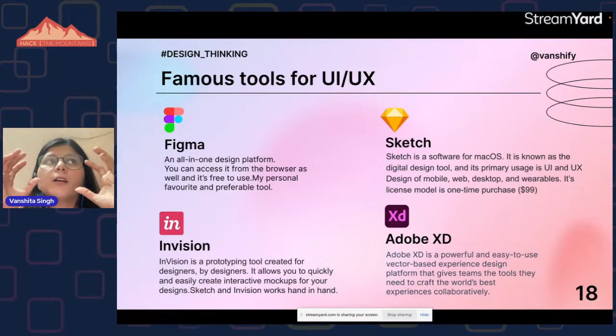FigJam is a grid board sort of thing, or you can say a brainstorming board, where multiple users can come and brainstorm, make story maps, information architectures, user flows, and many different things that UX consists of. And Figma offers a good white canvas where you can make a UI and wireframes. So yeah, it's an all-in-one design platform.